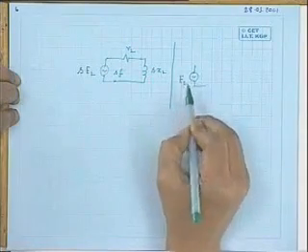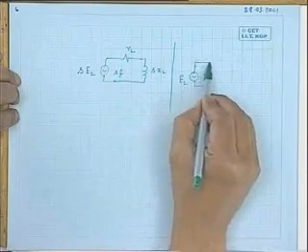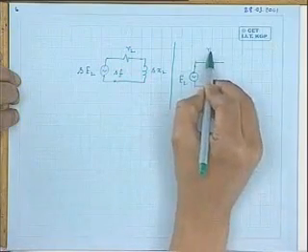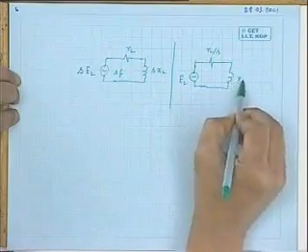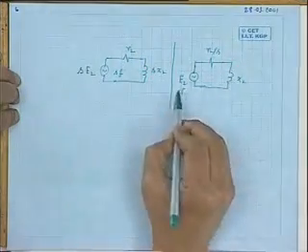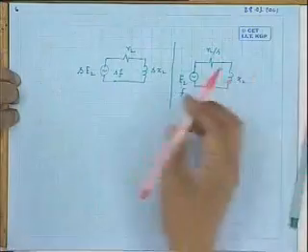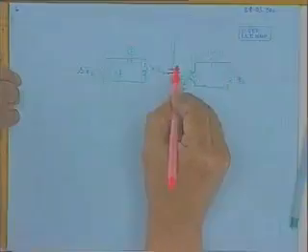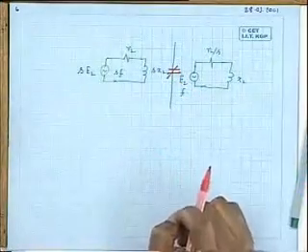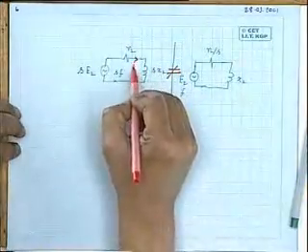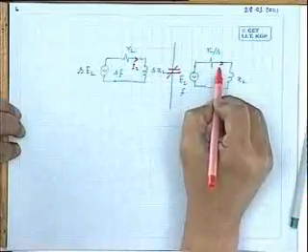Now in this circuit, that is E2 standstill induced voltage, and as if this one is R2 by S and this one is X2. The frequency is F, you should remember. What I am trying to tell is that these two circuits are not equivalent in the normal sense. What is the objection?